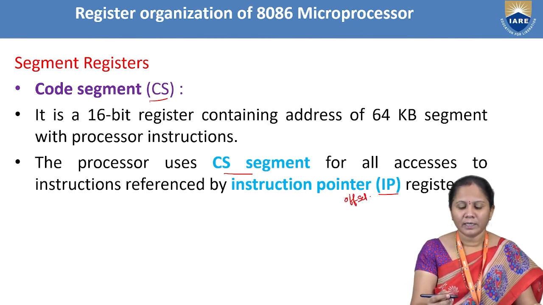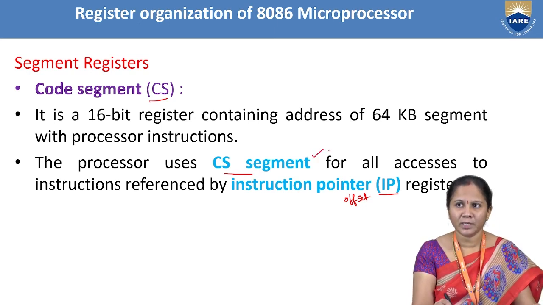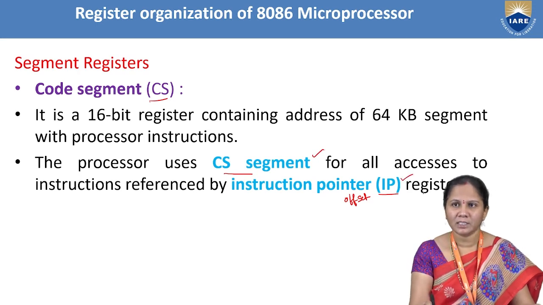Generally, if we use the code segment to give the segment address, we have to consider the instruction pointer register to get the offset address.